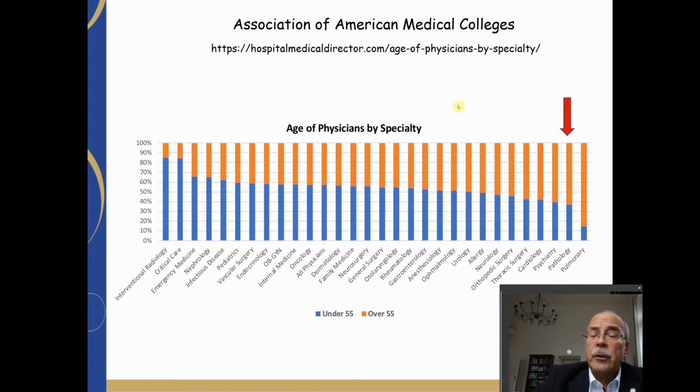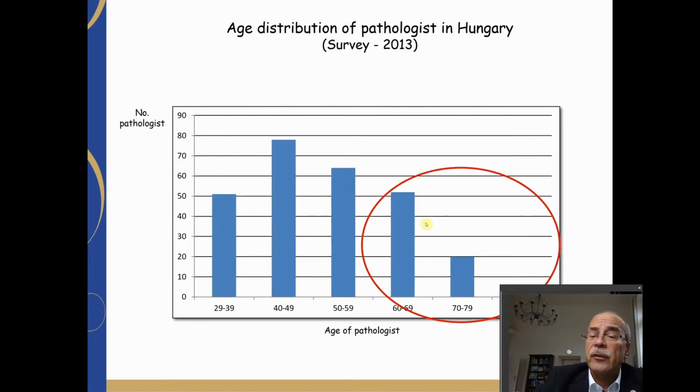If we consider the number of doctors or senior doctors, it's really a bottom-heavy distribution. As you see, the statistics from the American medical colleges, which is a quite fresh result, shows that in pathology more than 60% of the doctors are over the age of 55. If you consider the age distribution of Hungarian pathologists, this is pretty much the same situation.